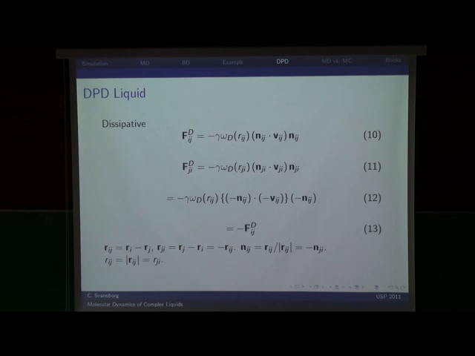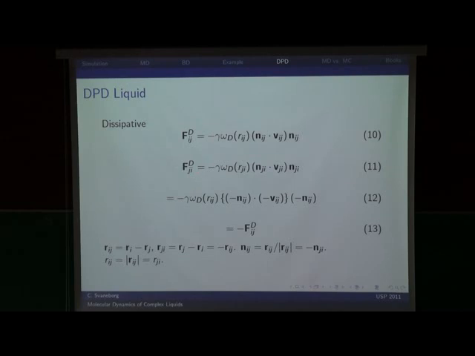And one thing that is very important in the DPD liquid model is that I showed you the expression for the dissipative term. But let's try to calculate what the expression is for the ji interaction. This is the ij interaction. What is the ji interaction?